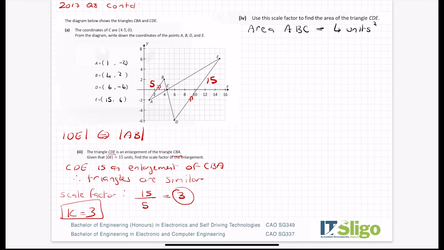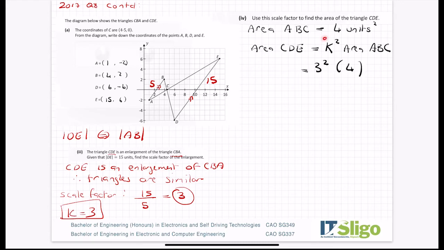Okay, and as part of that geometry chapter and the enlargement section, the area of the enlarged triangle, which is CDE, is equal to K squared times the area of the original triangle, which is ABC. Okay, and watch out for this squared factor here. Okay, so it's equal to 3 squared by 4.